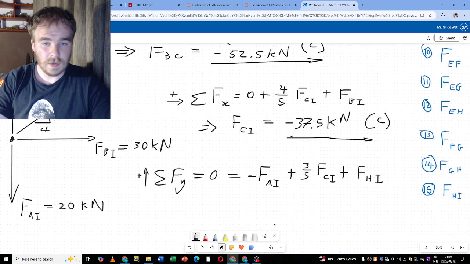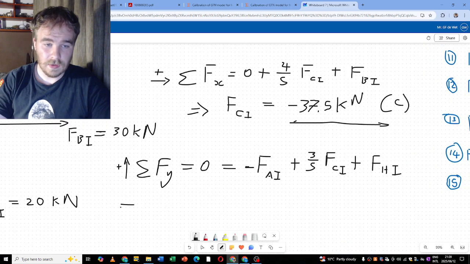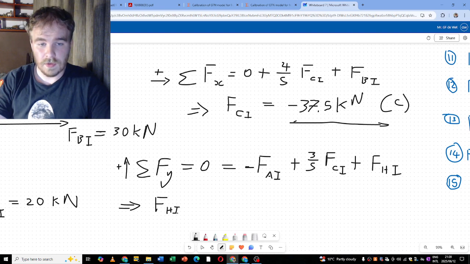Okay, and we want to calculate FHI, so we rearrange things and we get FHI alone. It's already positive as it is, so we move everything else to the other side of the equation. So we get negative FAI, so that's a negative but it now moves to this side, so it's a positive, so it's plus 20.